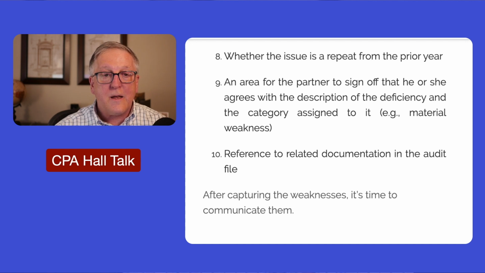And then nine, an area for the partner to sign off that he or she agrees with the information that's been documented. And then finally, a reference to the related documentation in the audit file. So these are the 10 things that I would put on the internal control weakness form.